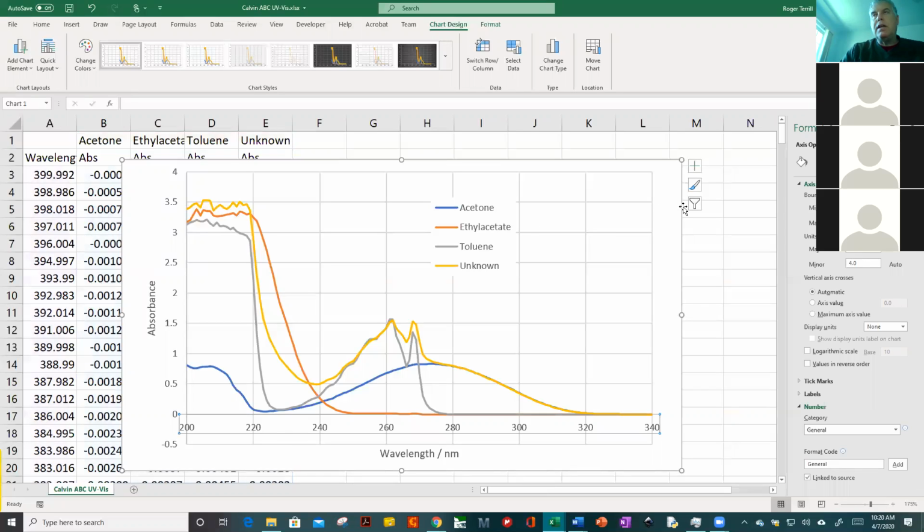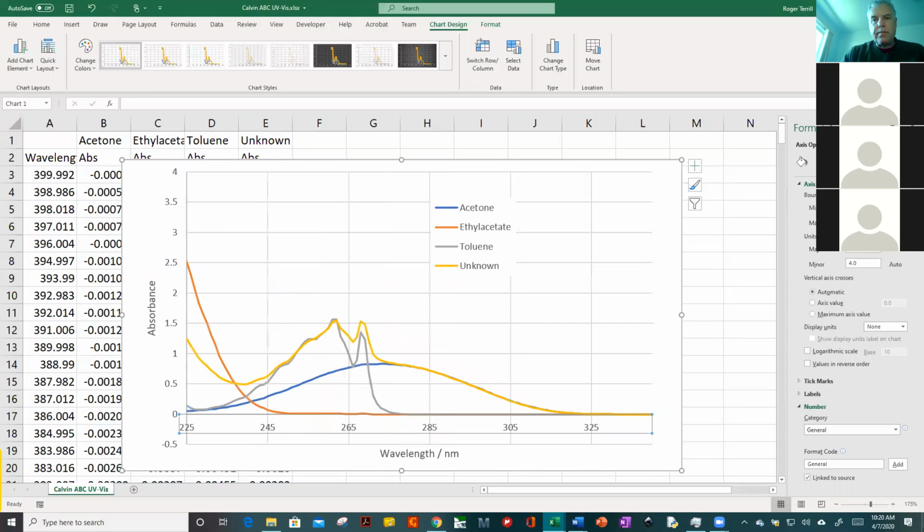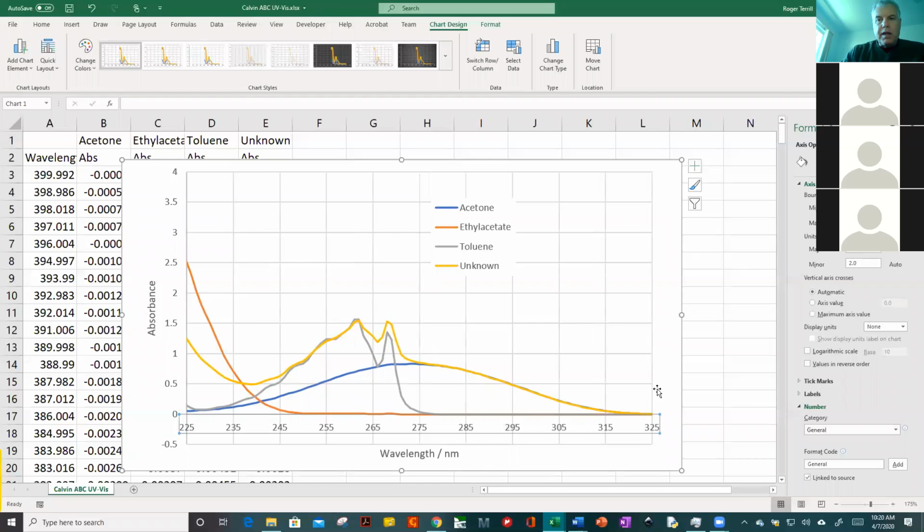So let me say instead of 200, let's go to 225. And let's go to 325 here. There's really not much happening beyond there, right? So the zeros and the values greater than an absorbance of about 2.5, I put them completely aside.